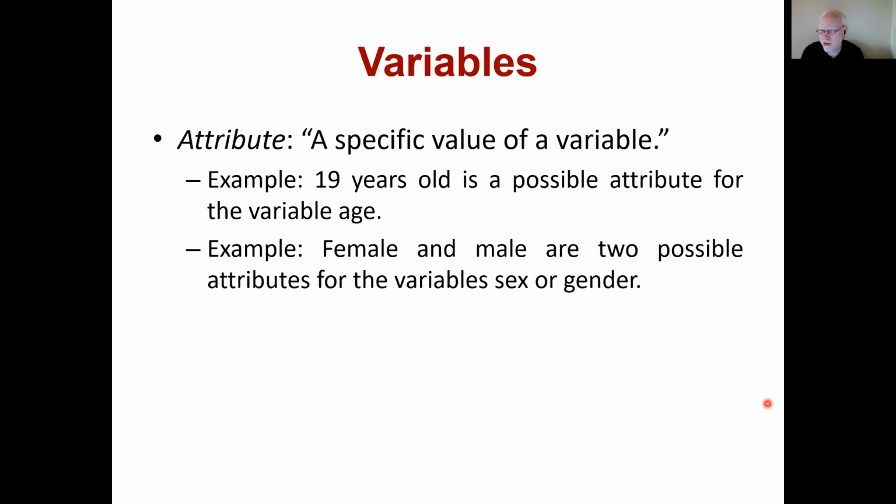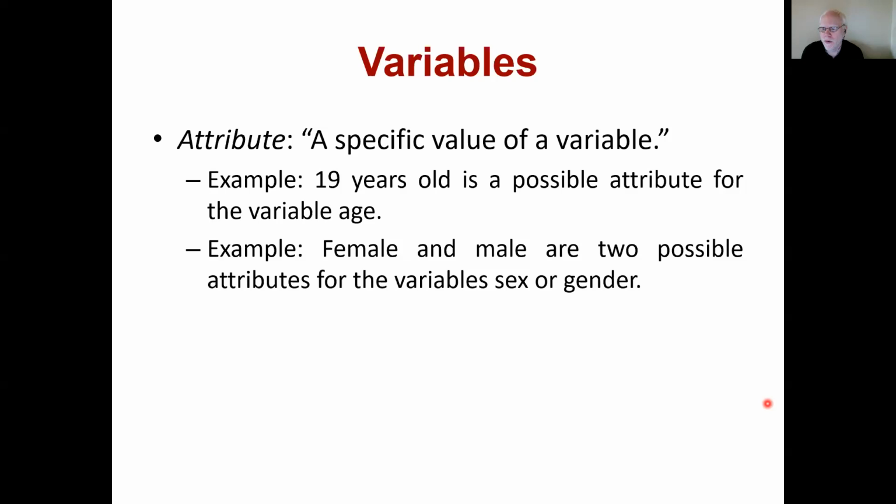Every variable can vary, because it can have more than one value. Otherwise, if it couldn't have more than one value, it couldn't be varying, so it couldn't be a variable. We name each different value that a variable can take an attribute.